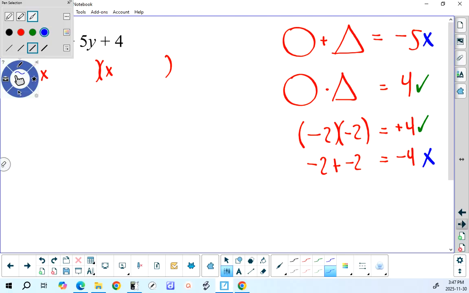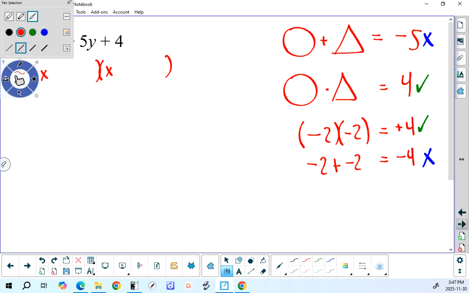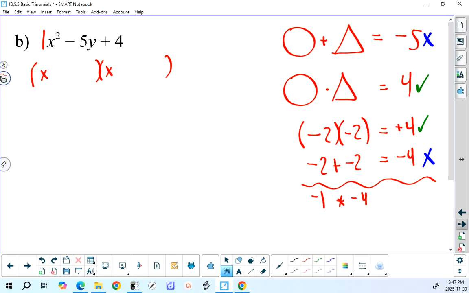So the numbers are not negative 2 and negative 2. Well, what else could they be? What other numbers multiply to give 4? Well, 1 and 4 do. So everything above this line was a dead end. But 1 multiplied by 4, if they're both negative, will still give you positive 4.